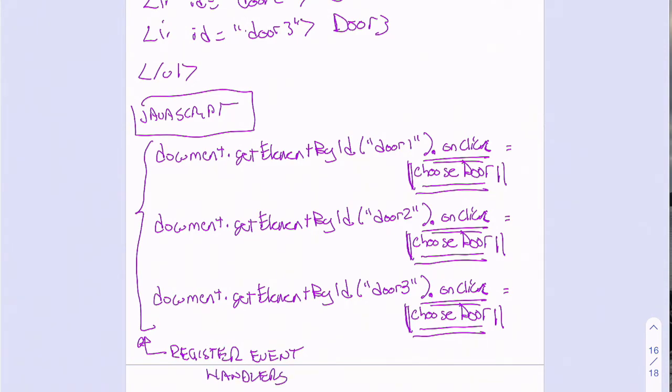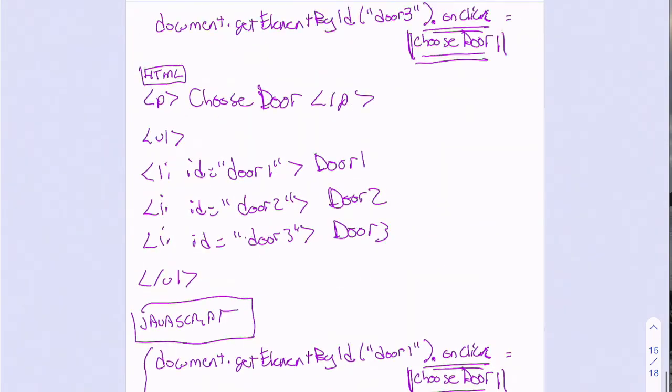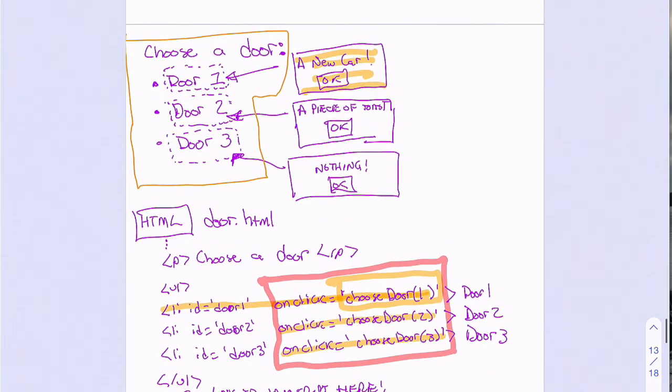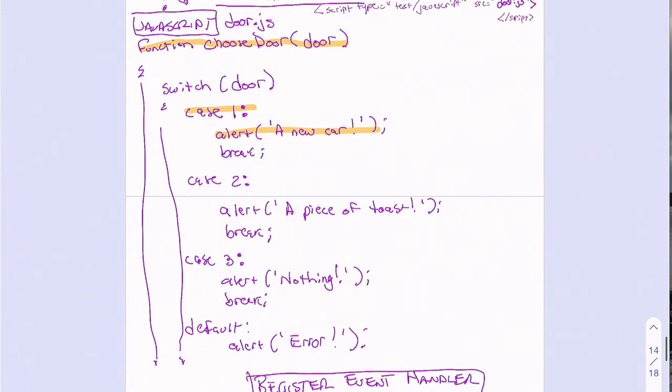Okay, now the next thing we're going to do is we're going to write the event handler. And the event handler looks a little bit different from the original event handler that we have up here. This event handler up here required door as an argument to choose door.